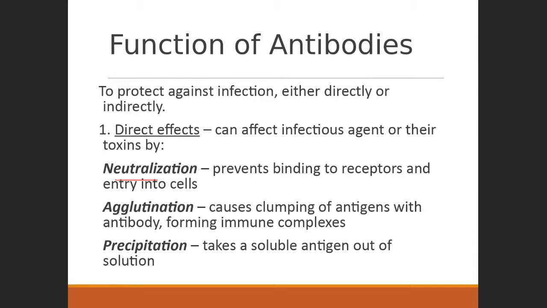We talked about agglutination reactions with our blood typing. Multiple bindings onto an antigen causing a clumping together, rendering that particular antigen ineffective. Or a precipitation. You bind to it, now it's less soluble, takes it out of solution. Either way, it's directly attacking that antigen.